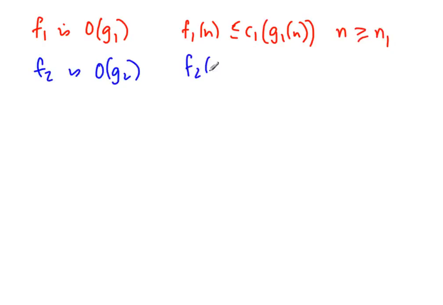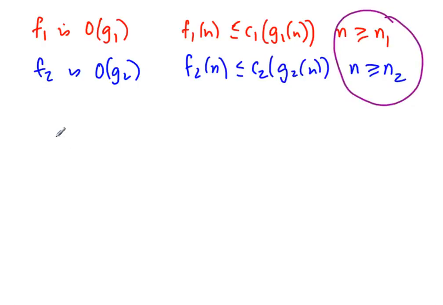So we have f2 of n is smaller than or equal to some c2 times g2 of n for all n bigger than or equal to n2. Right? So now I'm going to take these two values and I'm going to define n3 to be the bigger of the two. So beyond n3, both these properties hold for both these functions.